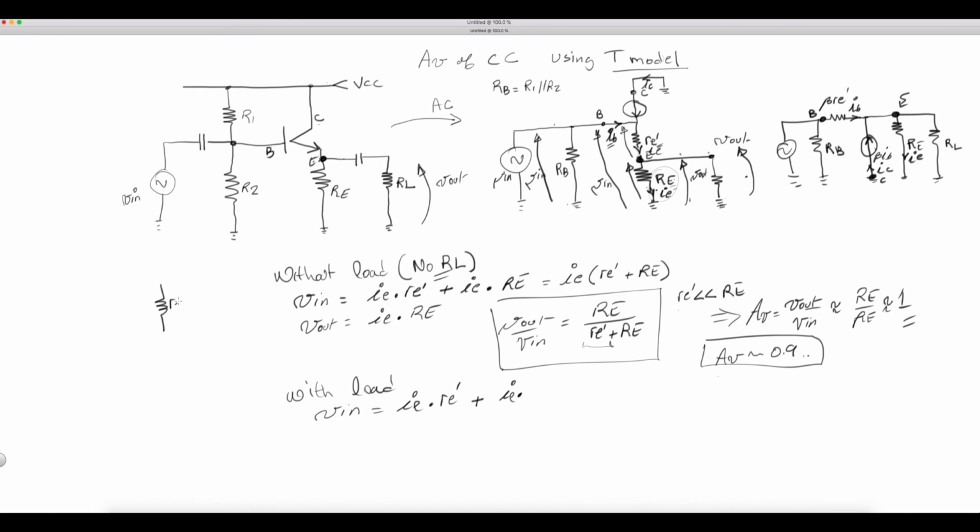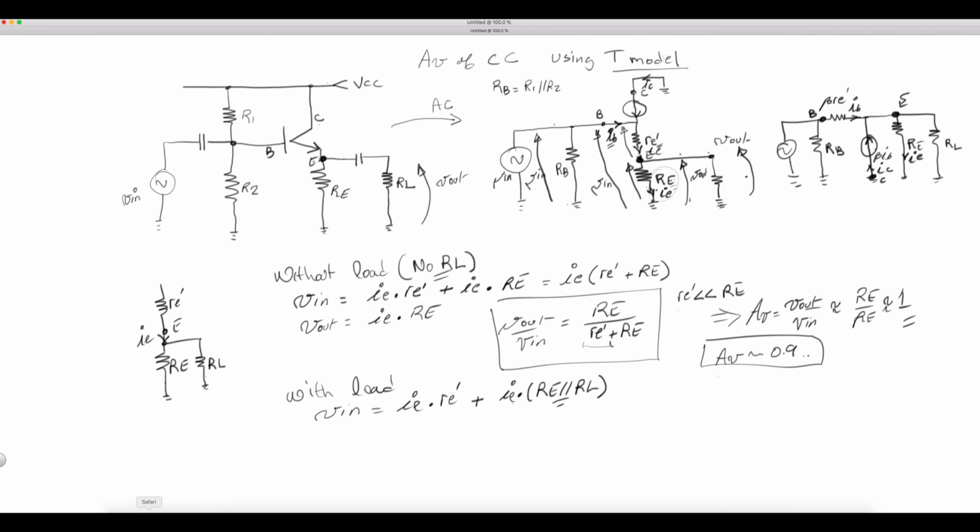Let me just draw it a little bit bigger here. Here's RE prime. This is the emitter, right? But then you have RE here in parallel with RL. Little IE is right here. It's the current going through both branches. So we have a current here and a current here. So this little IE is RE in parallel with RL. Major difference here.